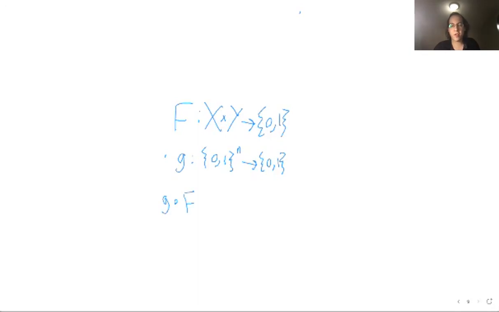It's the composition g circle f, but sometimes it's written g circle f^n, because we're going to compose g with n copies of f. What that means is that it's going to be a new communication function.